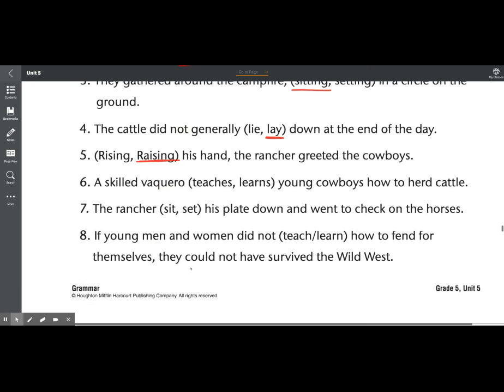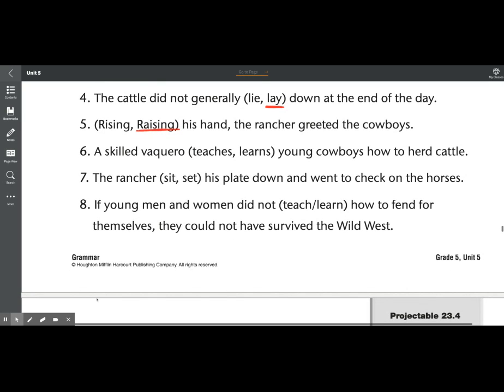Number 6, a skilled vaquero teaches young cowboys how to herd cattle, or a skilled vaquero learns young boys how to herd cattle. Of course, you want to use the verb teaches for number 6.